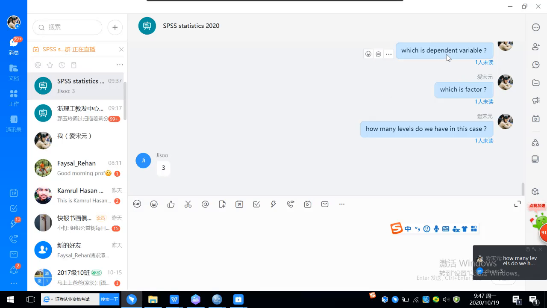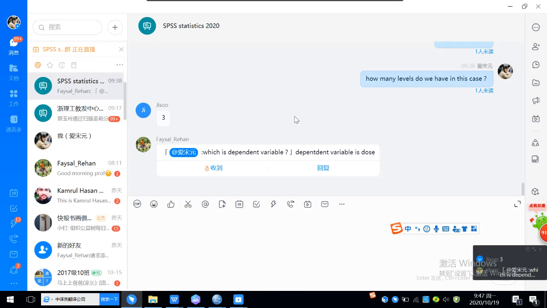Which is the dependent variable? Which is the factor? Dependent variable is dose.